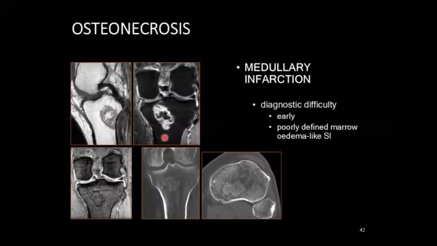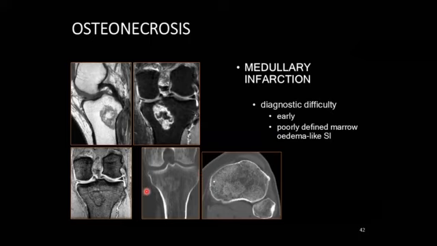Regarding the medullary infarction, most of the time it is typical in presentation. And I think all of us know what the typical radiologic features of medullary infarction are, but sometimes it can present a diagnostic difficulty when it is early or it has a poorly defined marrow edema signal intensity.